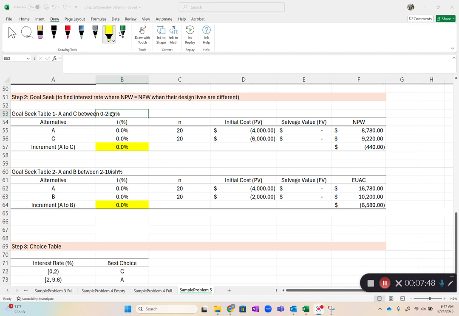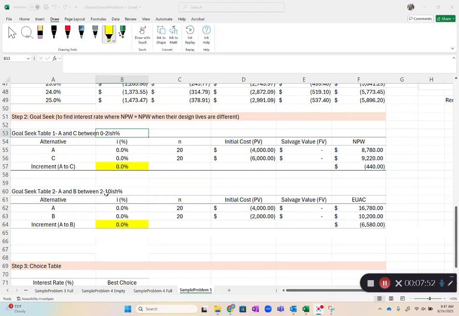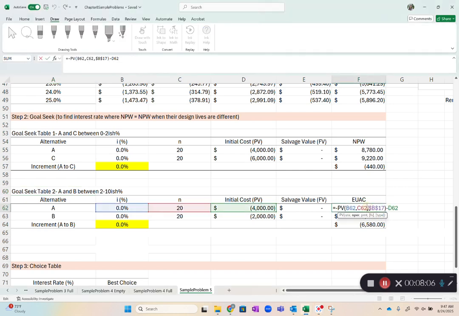So as I make this piecewise function, it would be between 0 and 2. Okay, so now goal seek table 2 would be between alternatives A and B, and this one then would be between 2 to 10%-ish.